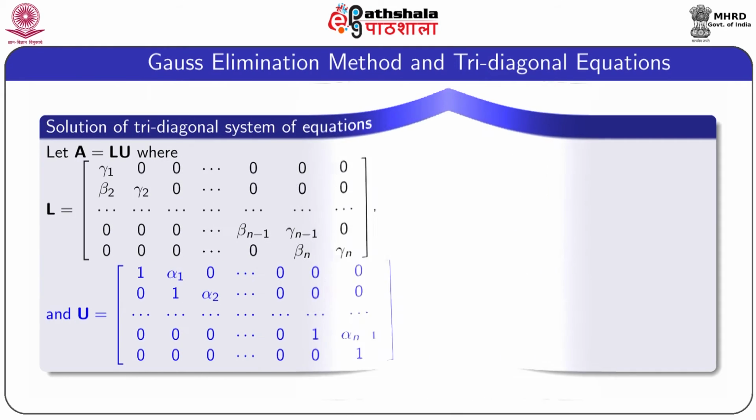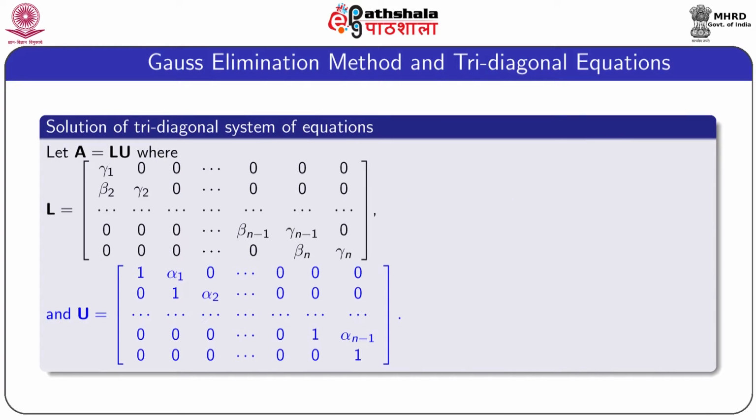Similarly, the upper triangular matrix is taken in this form. Note that the diagonal elements of U are 1 and the upper diagonal elements are alpha 1, alpha 2 up to alpha n minus 1, and all other elements of this matrix are 0.